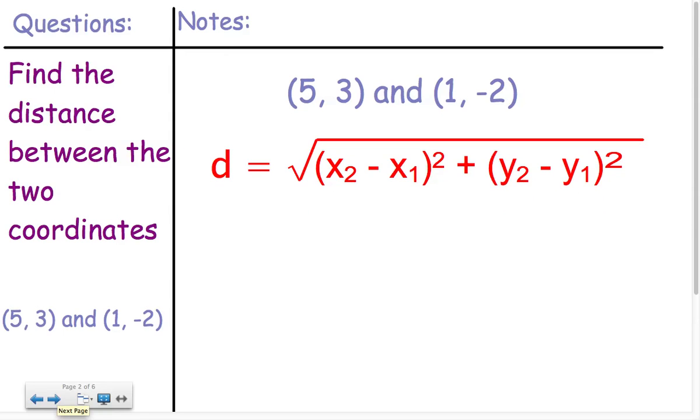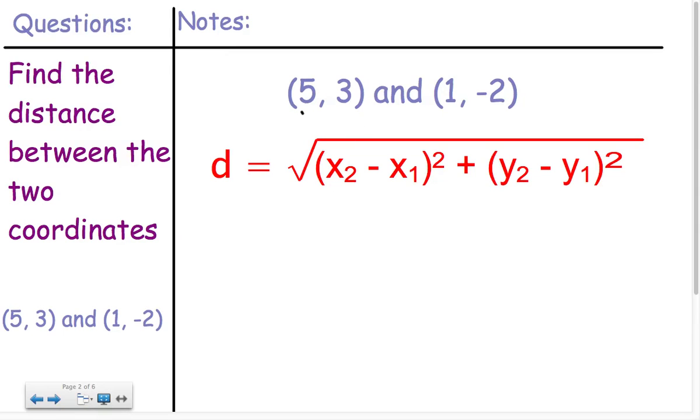Now to be able to plug these coordinate points into the formula, I need to know where to plug them in. Just like back in chapter 4 when we were finding the slope, we're going to label our coordinate points x1 and x2. Oh, excuse me, I didn't even do that right. Let me try again.